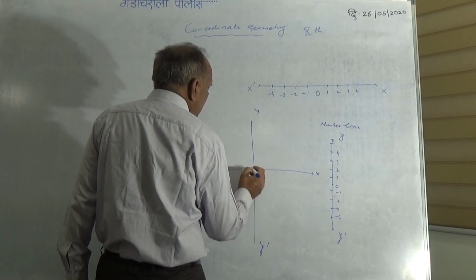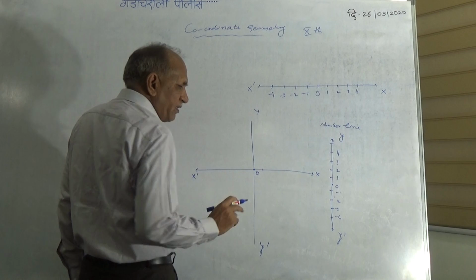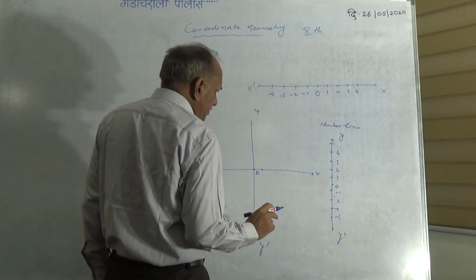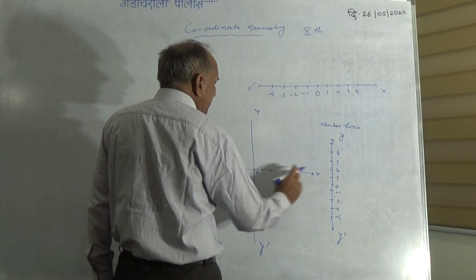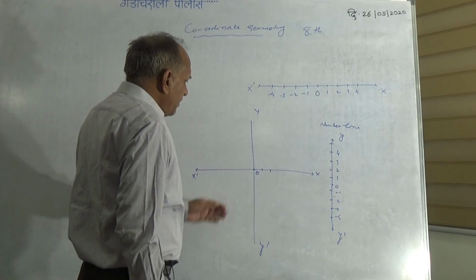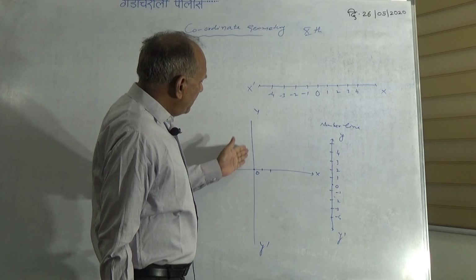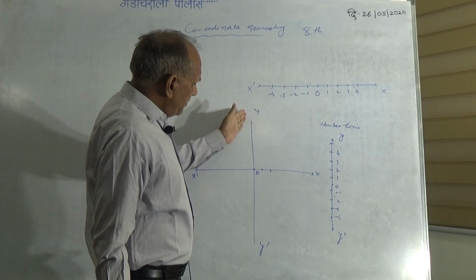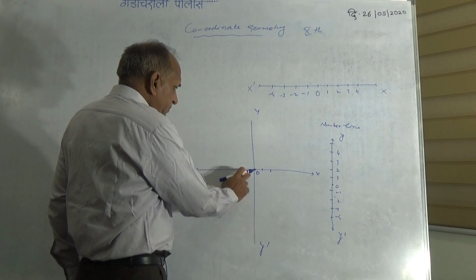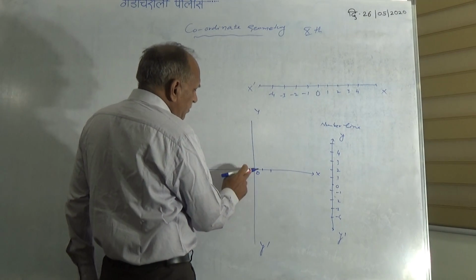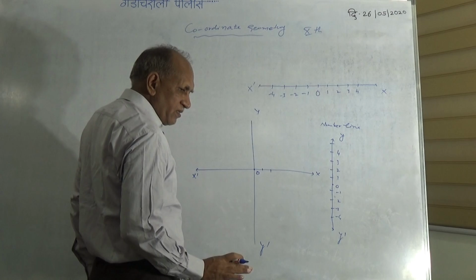Here the value of x and y is always 0. OX is the positive side and OY is the positive side. OX' is the negative side, OY' is the negative side.